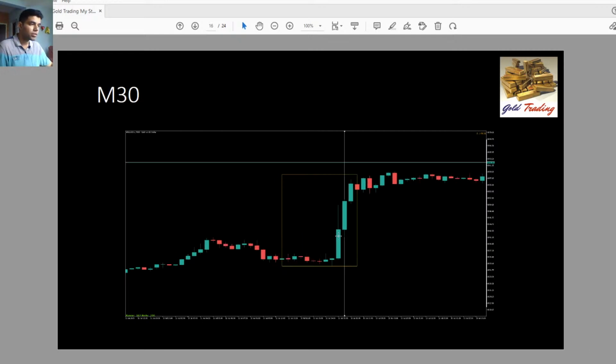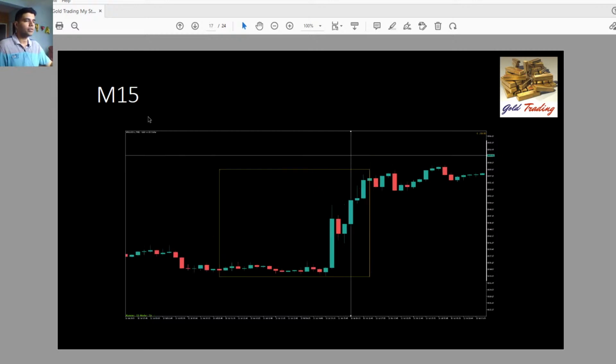Okay, M30 is also giving a very nice signal, and this is the resistance. The 30-minute candle has already closed above the resistance, and there is a nice upper wick, and this is a very perfect setup. Okay guys, so 90% of the time, this 30-minute candle will go up. Okay guys, it will be a green candle. Okay guys, so I start looking for the early setup, and then I started looking at M15.